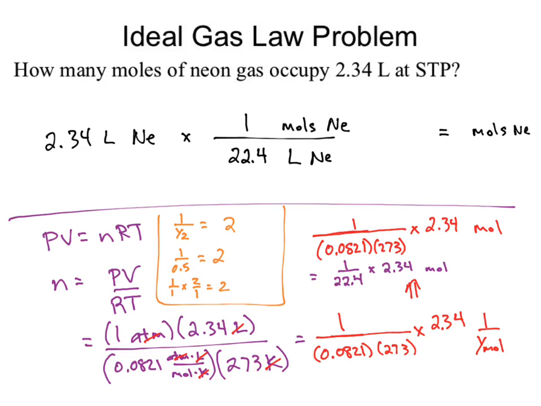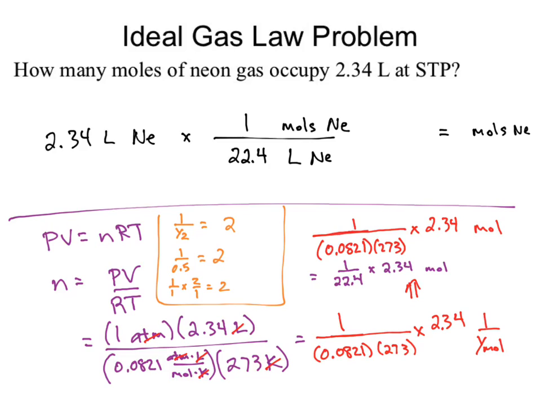We get 1 over 0.0821 times 273. I entered it into the calculator, and interesting enough, I split it. It's kind of weird, right, to split it like that? Why would you split it like that? Here's why. If I take 1 over 0.0821 times 273, 0.0821 times 273 is what? 22.4.